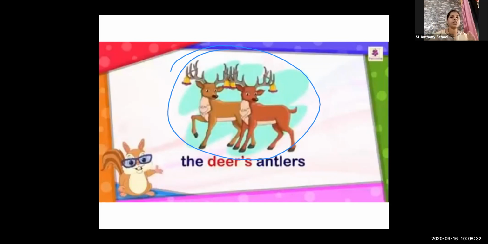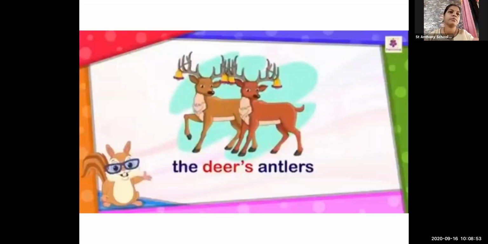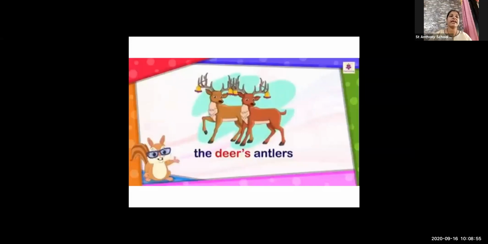The spelling of singular and plural is the same in that word. So we put an apostrophe s after the word because it doesn't end with s. It doesn't show the plural. So, the deer's antler.